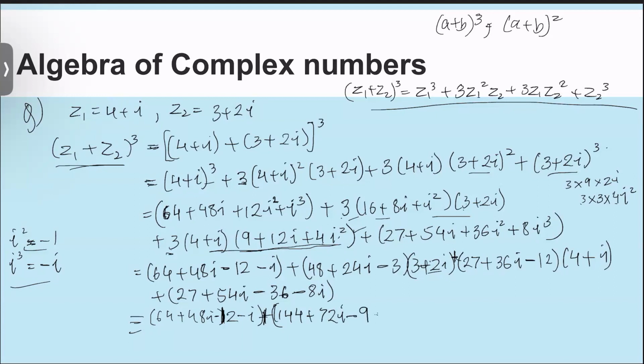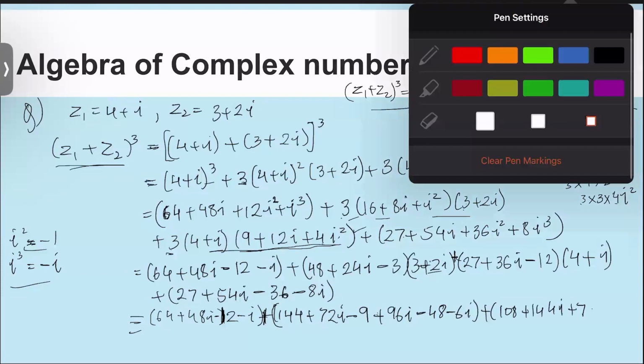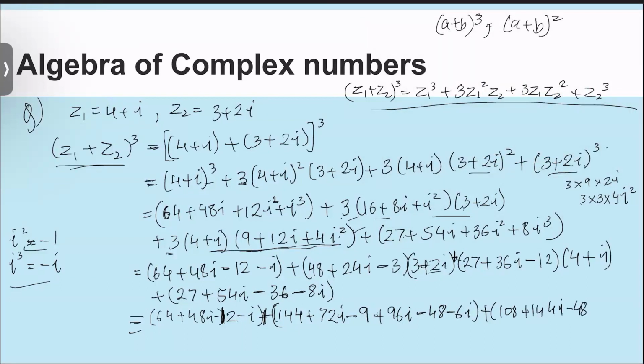And you have plus 96i minus 48 minus 6i. And then we have plus 108, which is 144i, plus 50. Minus 48 plus 27i minus 36 minus 12i, and then you write the last entire term: 54i plus 36 minus 8i.